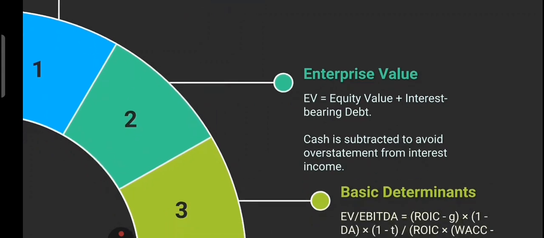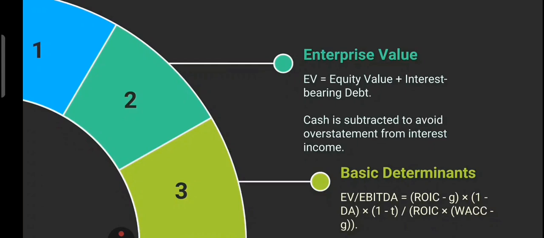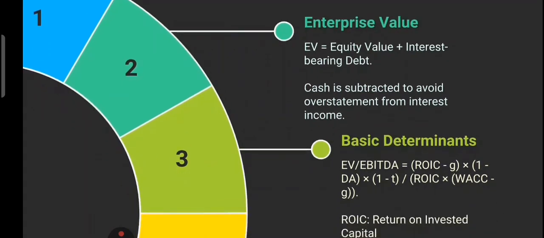We subtract the cash to prevent overstating a company's true value from non-core interest income, because cash is a kind of non-core interest income. If we understand the basic determinants, EV upon EBITDA depends on fundamental principles like ROIC, small g, DA, t, and WACC, the weighted average cost of capital.